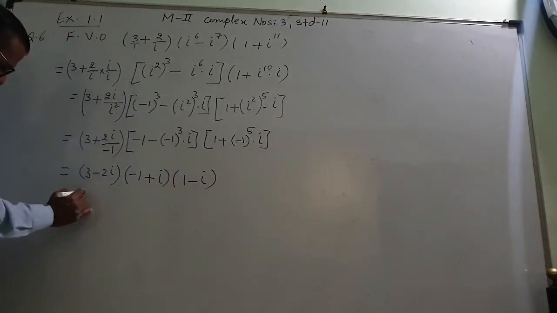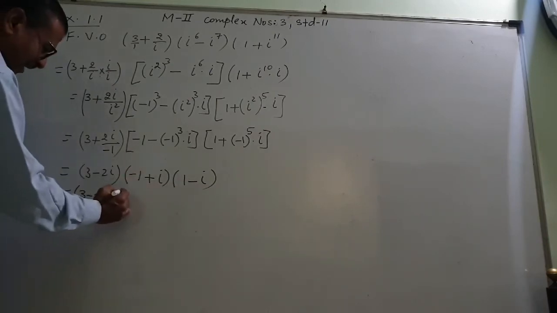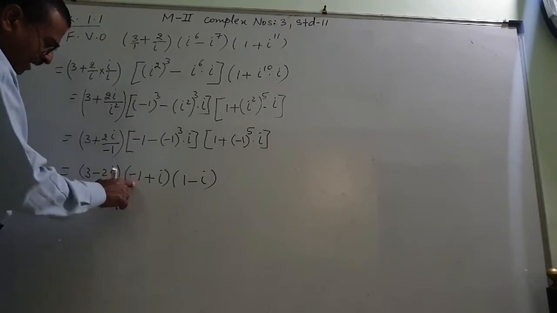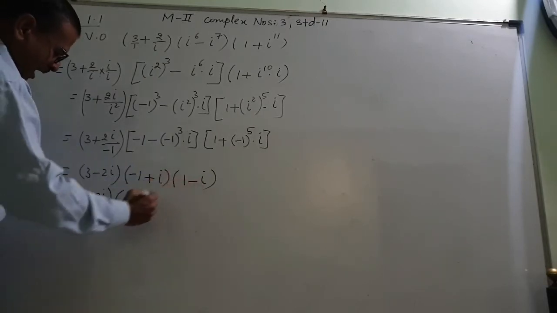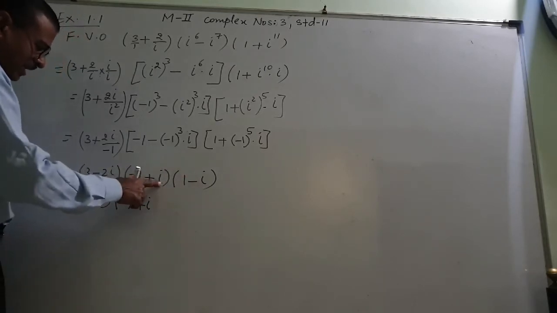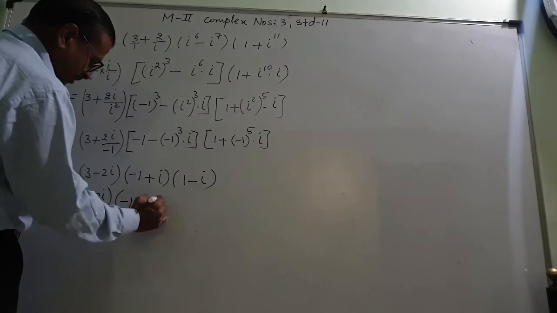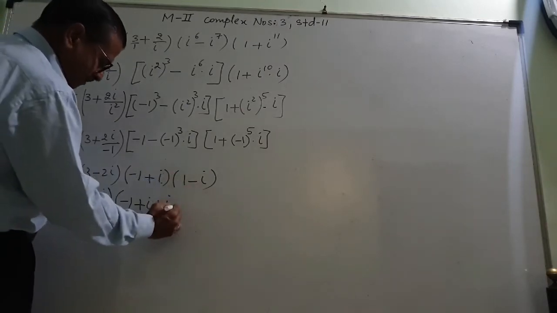But I will not do that. 3 minus 2i as it is, and I will start multiplying this. Minus 1 into 1, minus 1. Minus 1 into i, plus i. This minus minus plus. Now by this, i into 1, plus i. This plus and this minus minus.